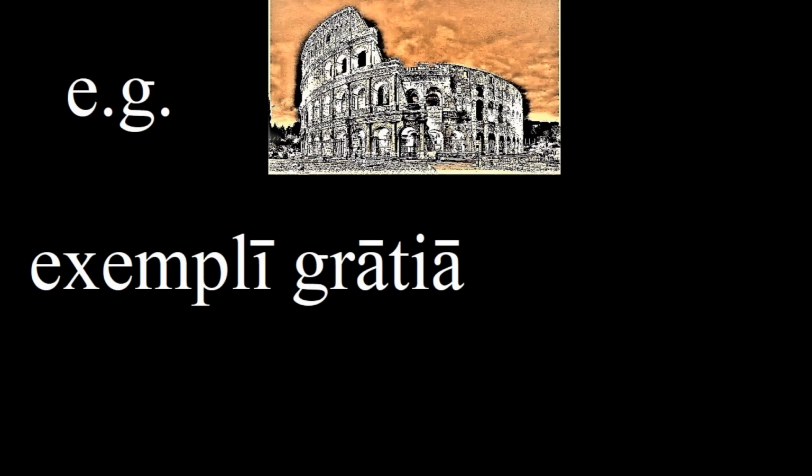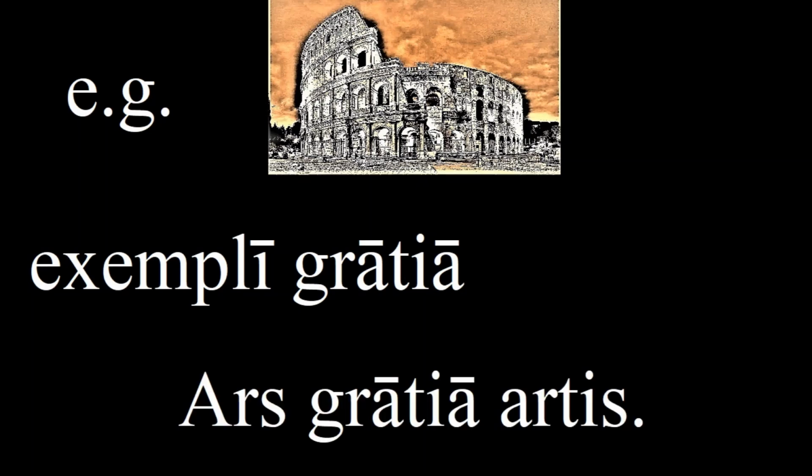Gratia is actually a preposition that triggers the genitive or possessive case, and this means for the sake of. But this is a synonym for thanks to, so you can see the connection to gratias, right? Try to guess what this means now. Ars gratia artis. Art for art's sake, or art for the sake of art.